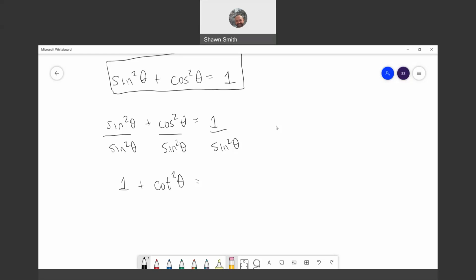That is equal to cosecant. So that's 1 over sine times another 1 over sine, so that's cosecant squared. So here is the other Pythagorean identity derived from the first one, just by dividing by sine squared.